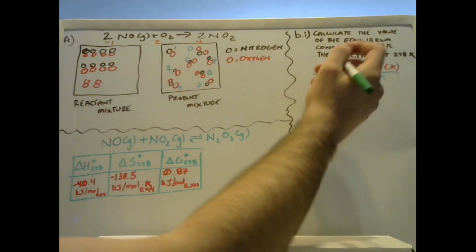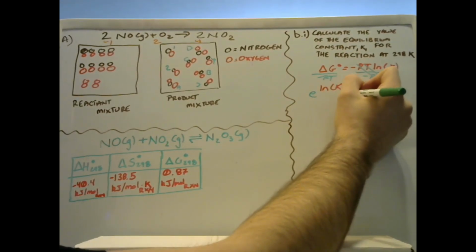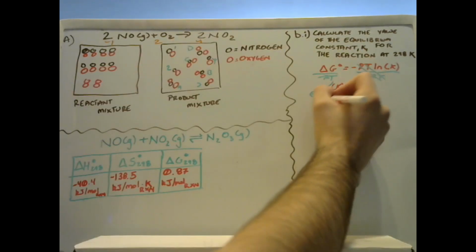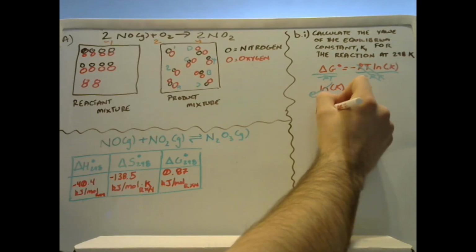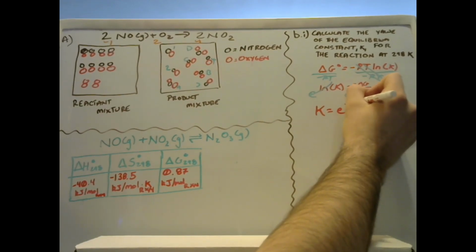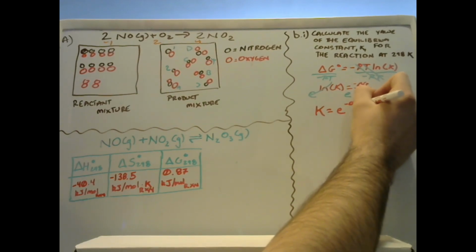Quickest way to undo a log, raise both sides to the base. So I will then get this to cancel out, which gives me K equals e to the negative delta G over RT.